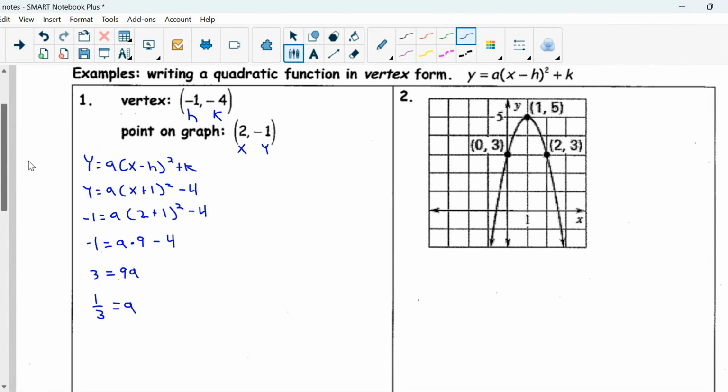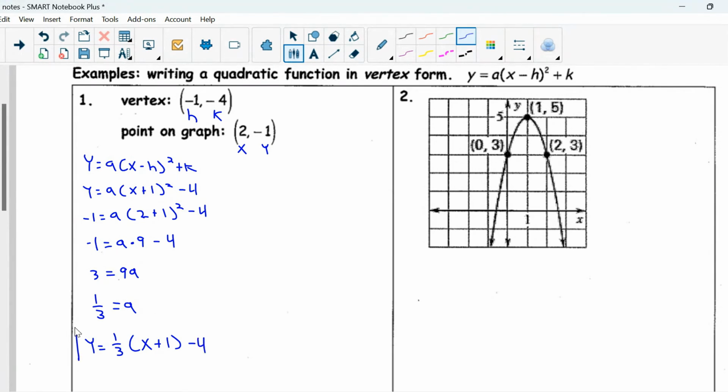Going back to my vertex form here, remember when you're writing a quadratic in vertex form, you always have your y and x. So really, we are just going to substitute our a value in as well as our h and k values. So we've got y equals a, which we just found out is 1/3, times x minus h, which turns into plus 1, squared, plus k, which is negative 4.